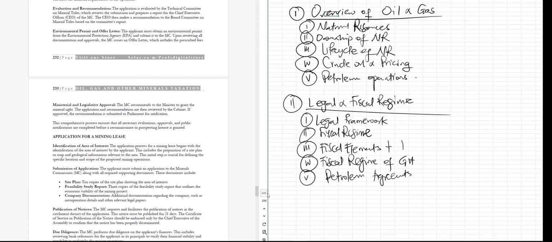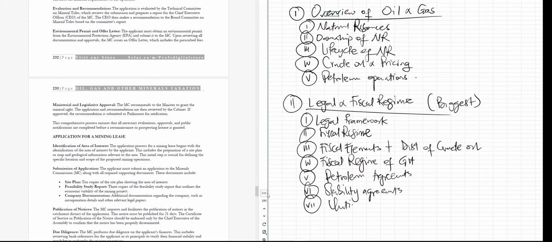So fiscal element and distribution of crude oil. And then here, this is the biggest area actually: petroleum agreement, stability agreement, unitization agreement. See, here is very broad. If I want to break it into 5 questions, so unitization and redetermination.